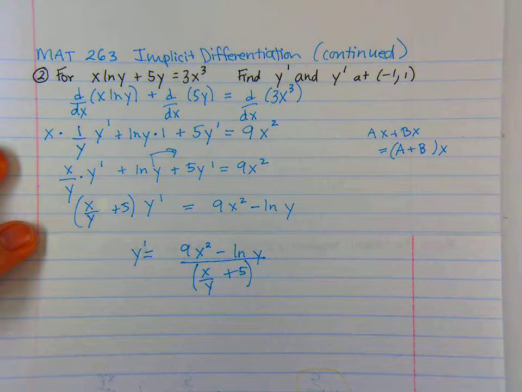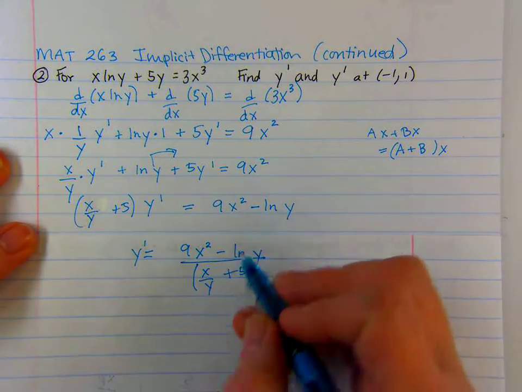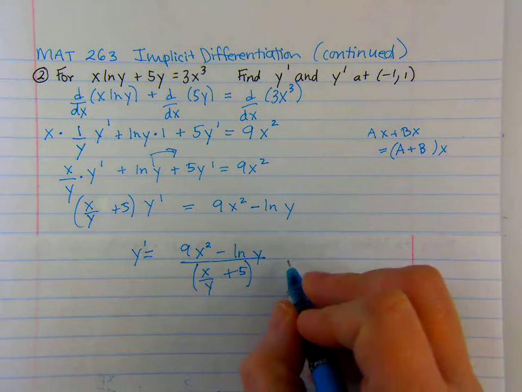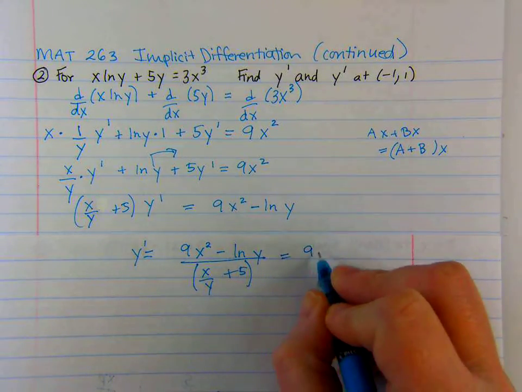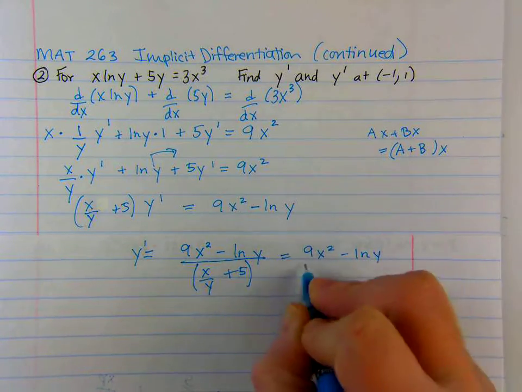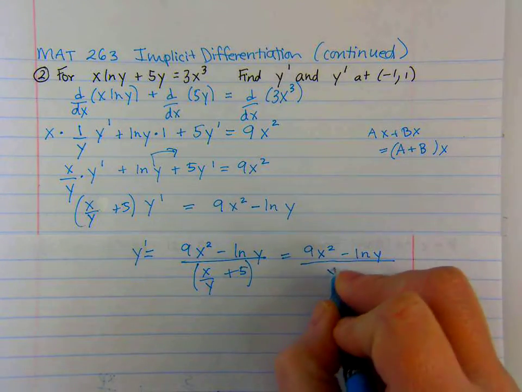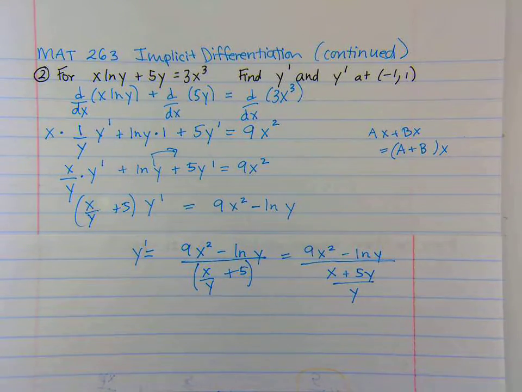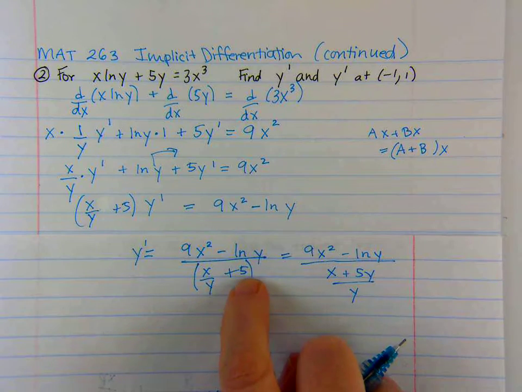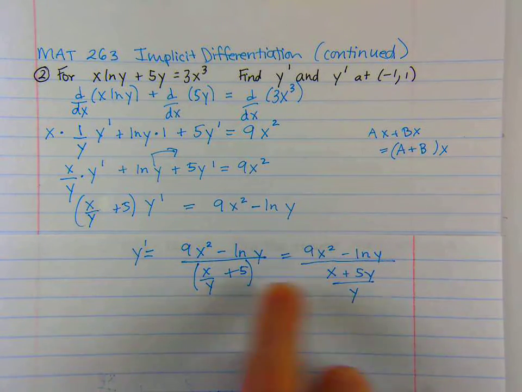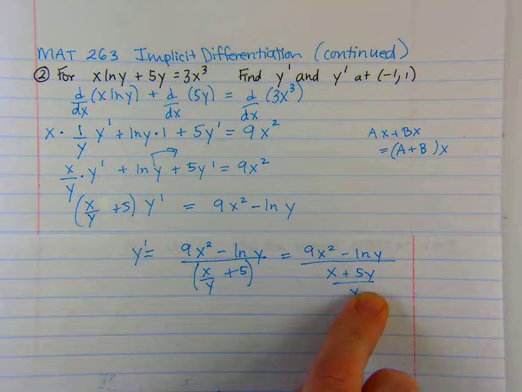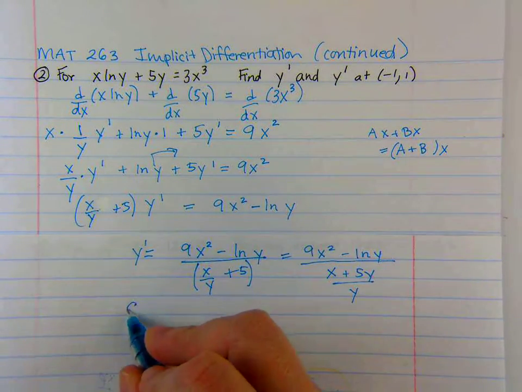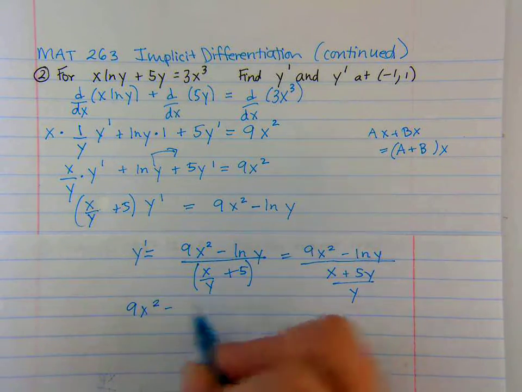There are ways to make that look a little nicer. You can combine the bottom as a common denominator, which would give me 9x squared minus natural log of y over x plus 5y over y. I just changed 5 into 5y over y and then combined. And then remember that when you are dividing fractions, same change flip.